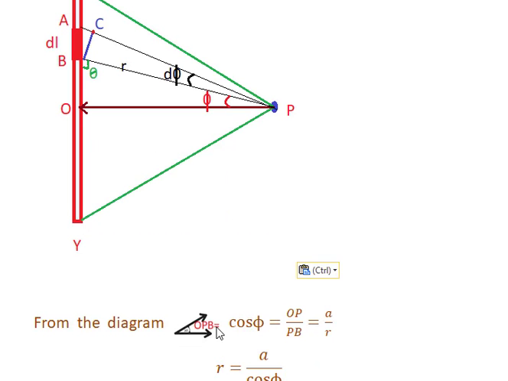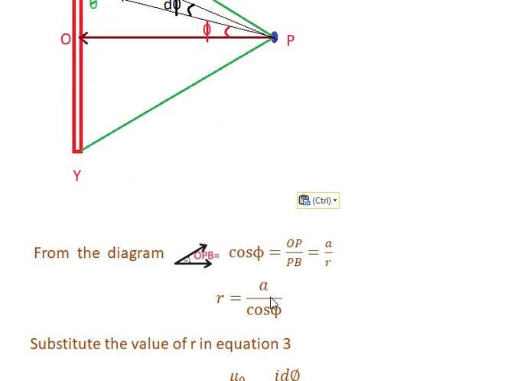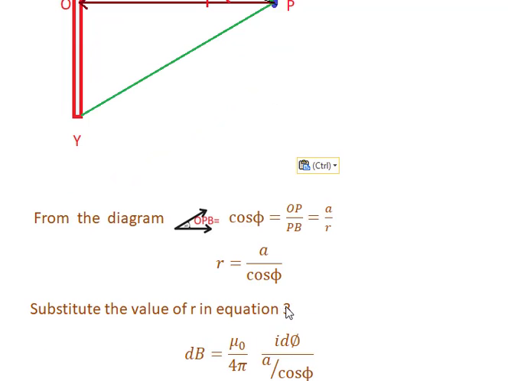From the diagram, the angle OPB gives cos phi, which is OP divided by PB, that is A by R. We know OP is the length A and PB is R. So R is equal to A by cos phi.